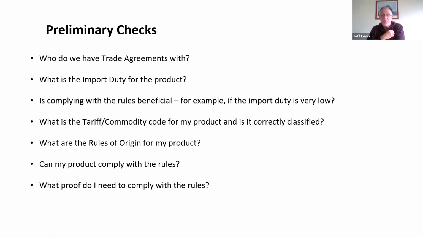Within that, it will also tell you what proof we need. Because if we meet the rule of origin, we've then got to indicate to customs that we meet that rule. And there are specific requirements as to what we would need to provide.